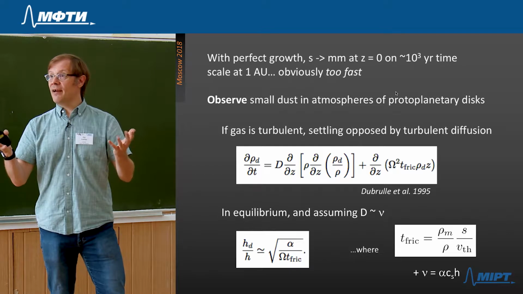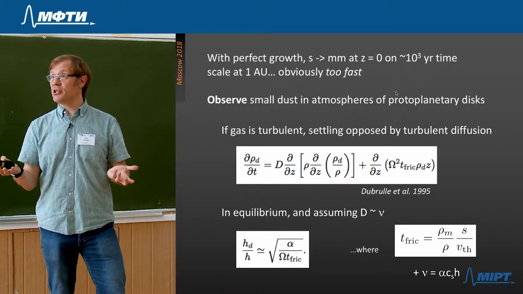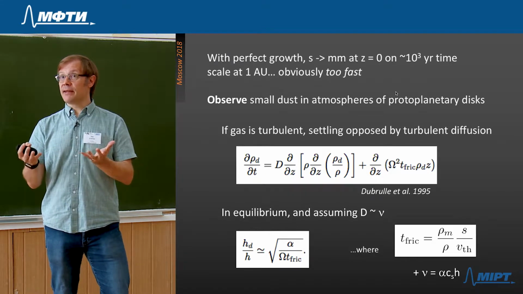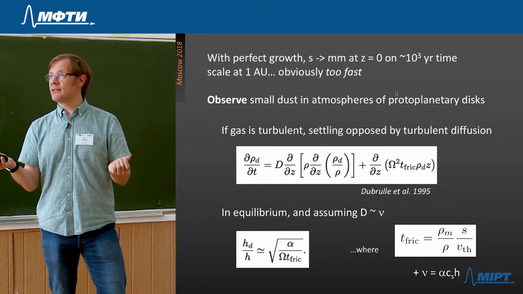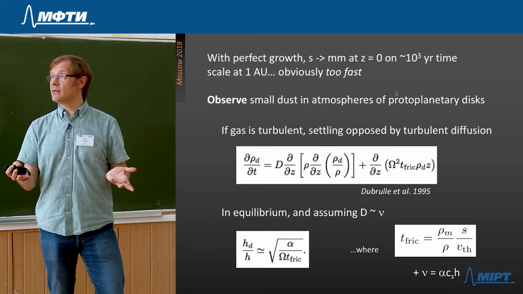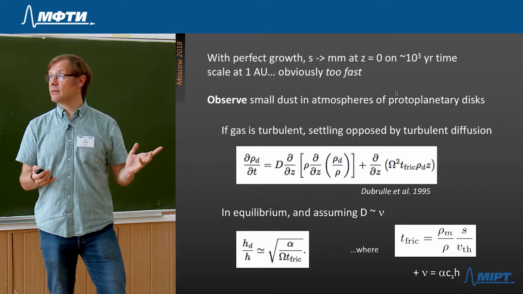There's a lot of dust there. There's also small dust, which is what we see in Hubble Space Telescope images of scattered light from those disks. So in real disks, sure, perhaps a lot of material does grow to millimeter sizes, but there's also small material which also survives for millions of years, not hundreds of thousands of years, as that toy model would suggest.